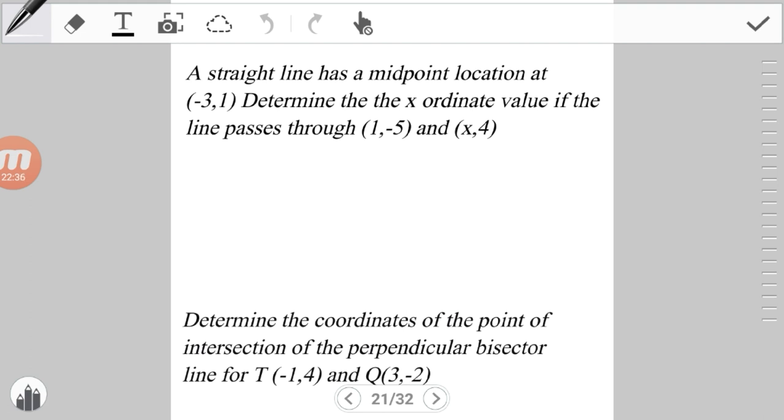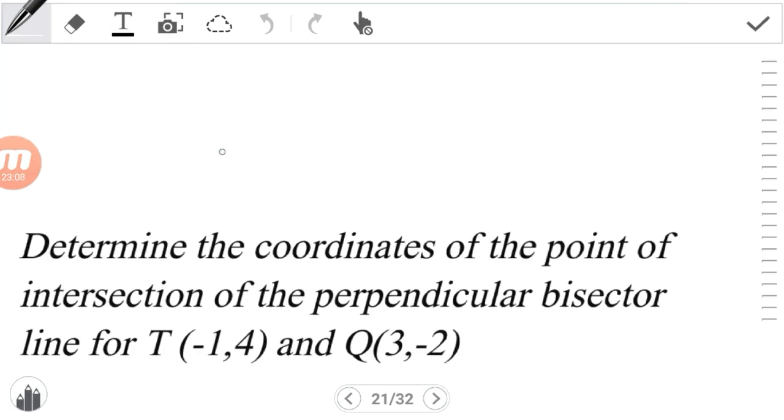Now in part 1 we had done examples like these where traditionally you're just asked to find the midpoint or the length of the line, or you're asked to find the x-ordinate or y-ordinate value given the midpoint. So we're going to be doing the same thing here. We're given the midpoint location and we have to rearrange the formula to find an ordinate value. So here we go, let's write down our formula.